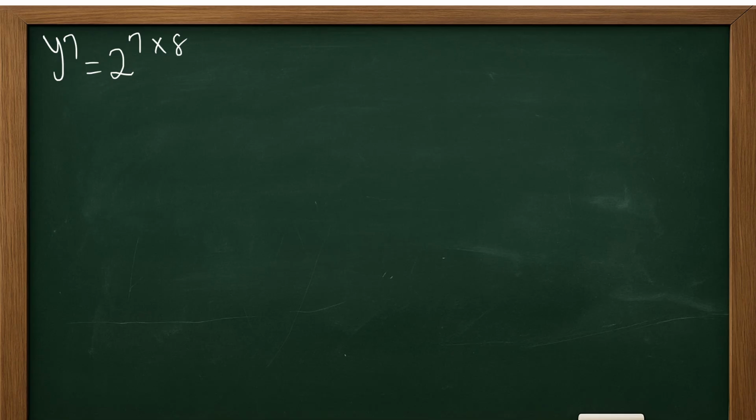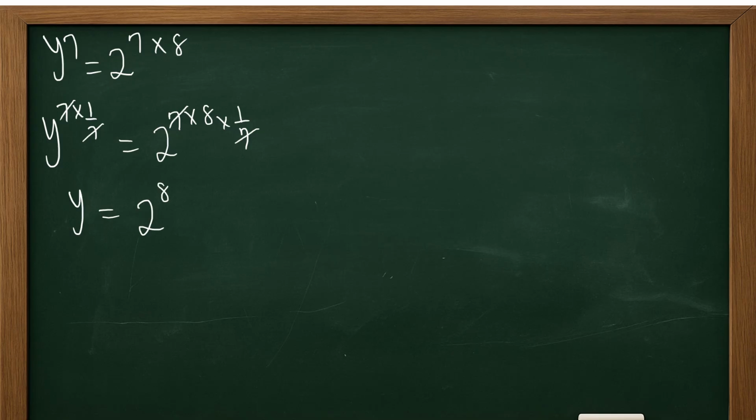To get rid of this power of y, I'm going to multiply the power by 1 over 7, which is the same thing as 2 to the power of 7 times 8 times 1 over 7. So 7 cancels out 7 here, and we have y. And on this side, 7 cancels out 7, and we have 2 to the power of 8. So y is going to be 256. This is method 1.